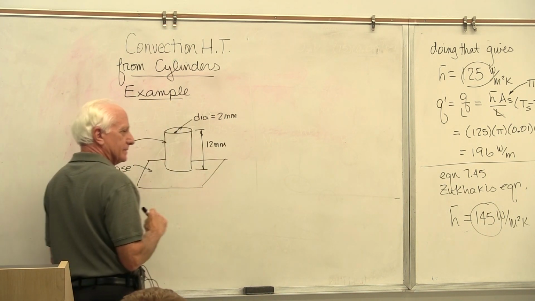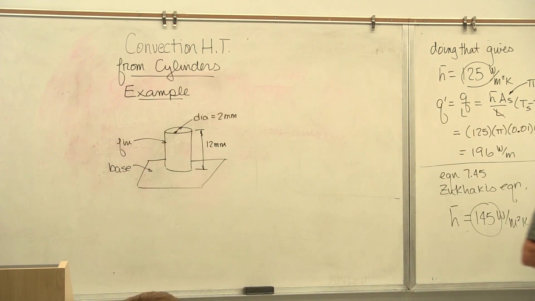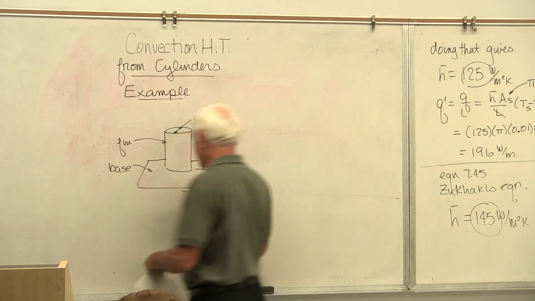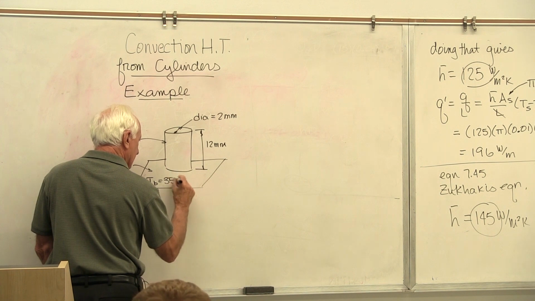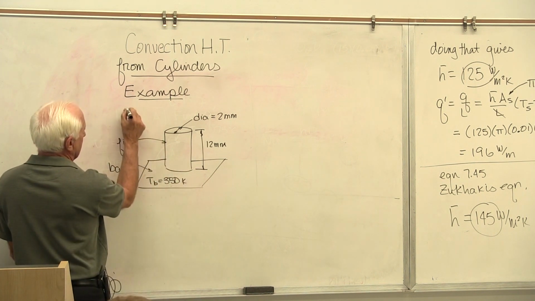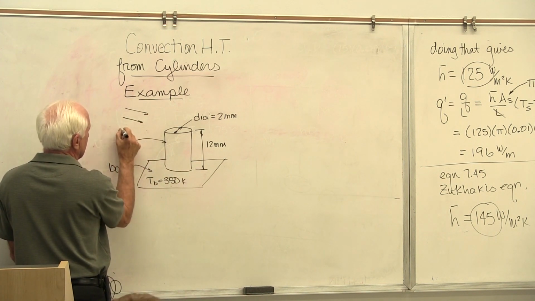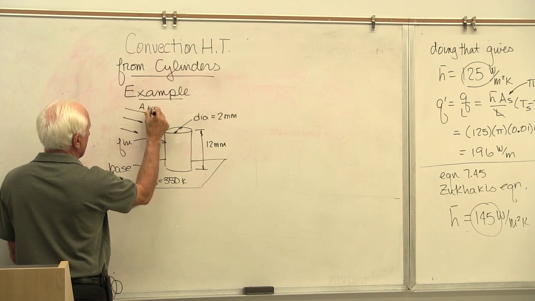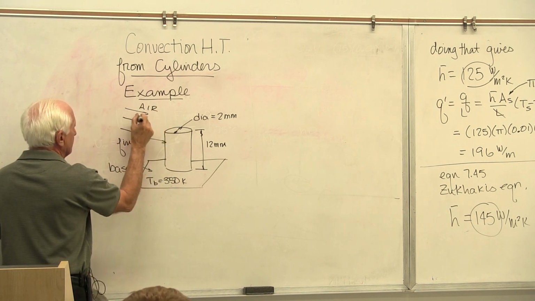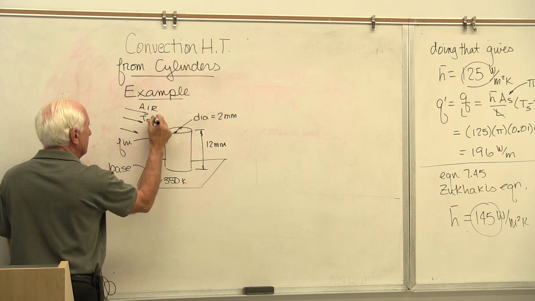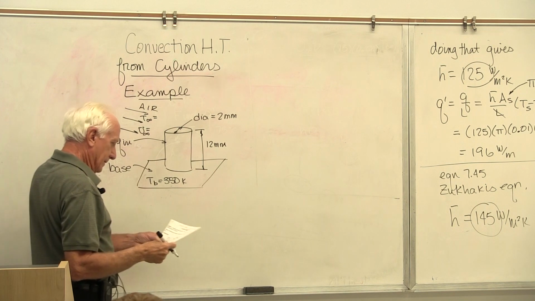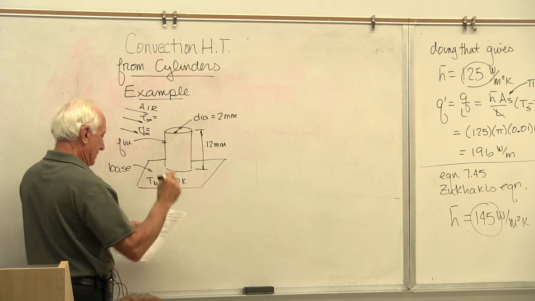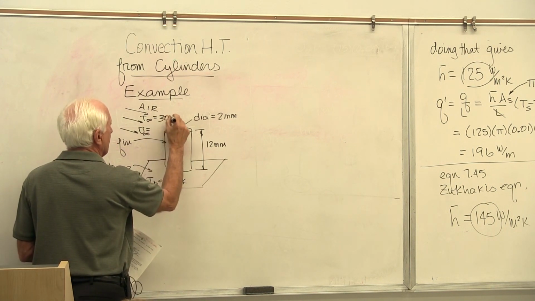Okay, the base temperature is given: T base equals 350 Kelvin. There is an air stream approaching. The temperature T infinity is known, and U infinity is given. T infinity is 300, and then 10 meters per second.